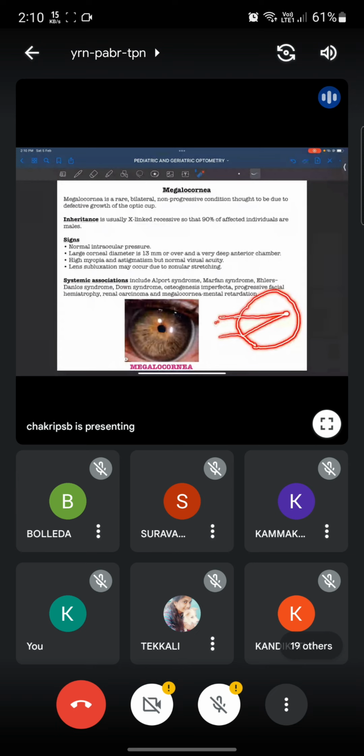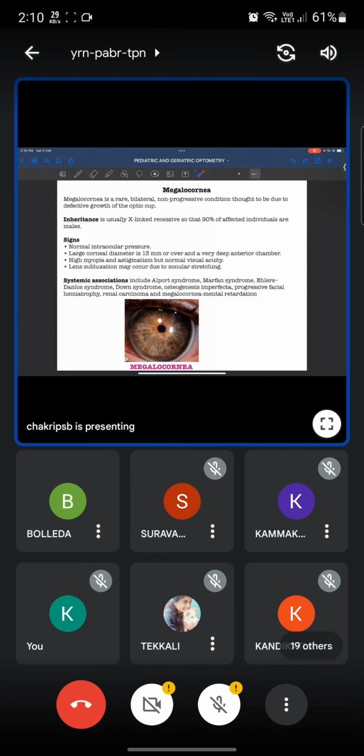It is myopic, and also astigmatic, but their visual acuity is normal, because they are not facing true high myopia or true high astigmatism. Okay, sir.